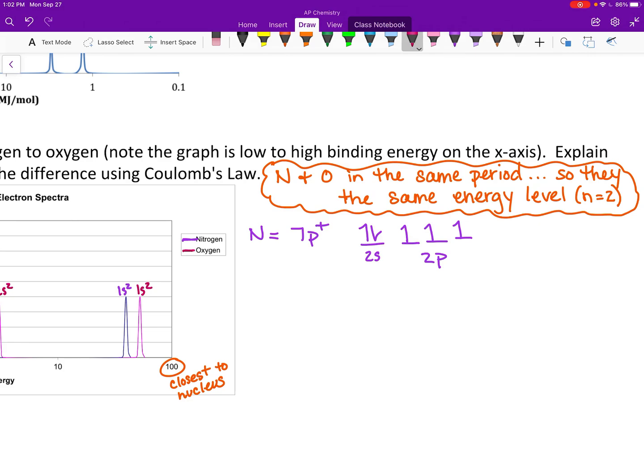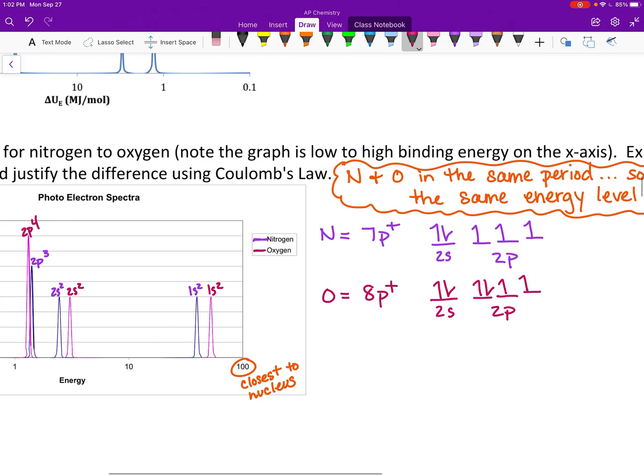So I'm going to draw that ahead of time here. For oxygen, we have 8 protons. I'm going to draw our valence orbital diagram here as well. 2s, and then the 2 p's, so the s is full, and the p's look like this.